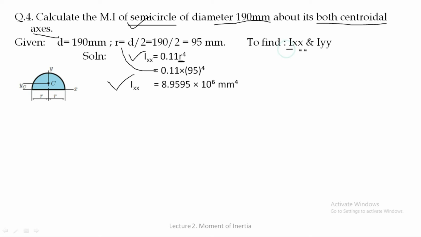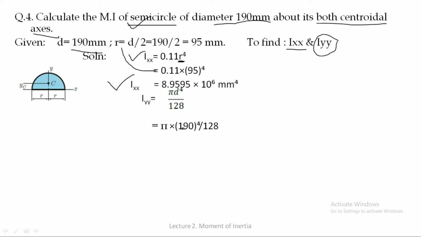We have just found the value of Ixx. The value of Iyy is remaining. What is the formula for Iyy? The moment of inertia about the vertical centroidal axis for this type of semicircle is pi by 128 d raised to 4. We have the value of d as 190 mm, which is given in the question.